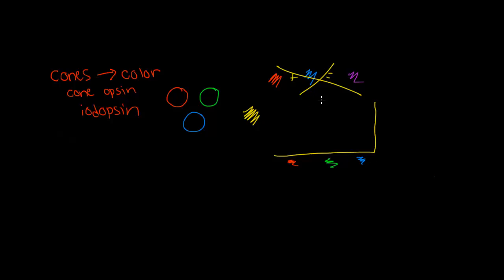To see yellow, your green cones are going to be highly stimulated, your red cones are going to be moderately stimulated, and your blue cones are either barely going to be stimulated or not at all. So, essentially, different combinations of these three cones allow us to perceive different colors, and it's not simply as intuitive as mixing watercolors.